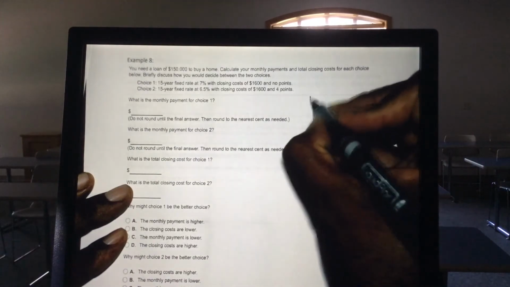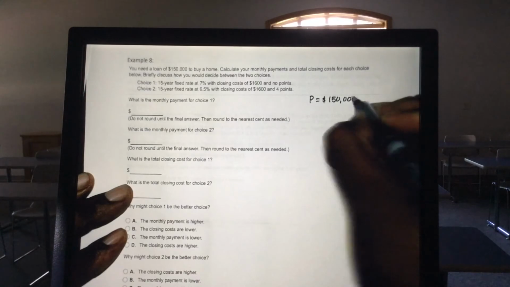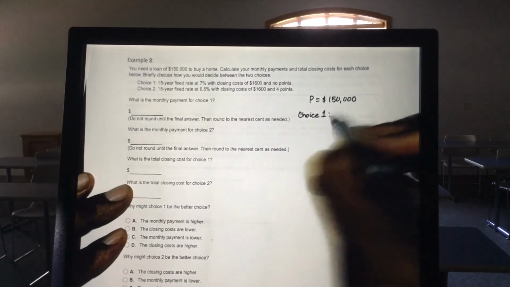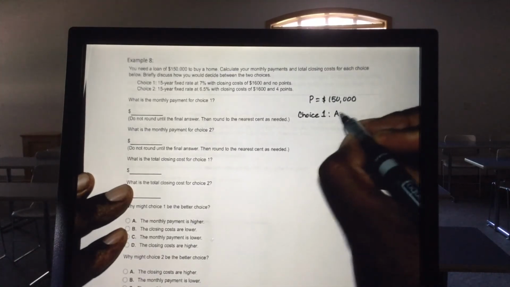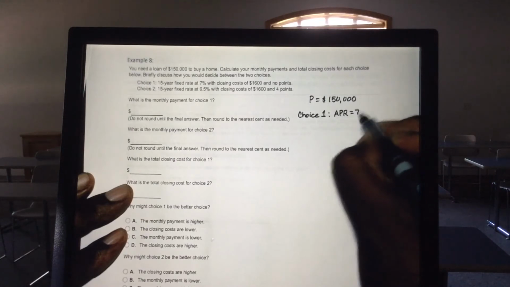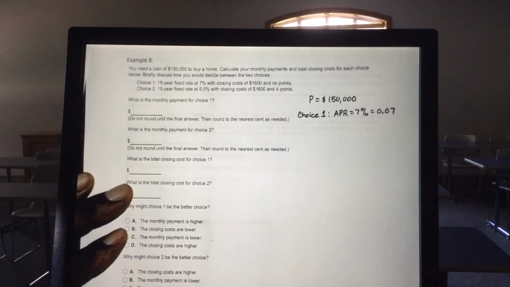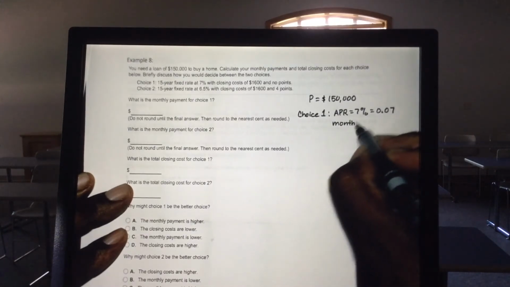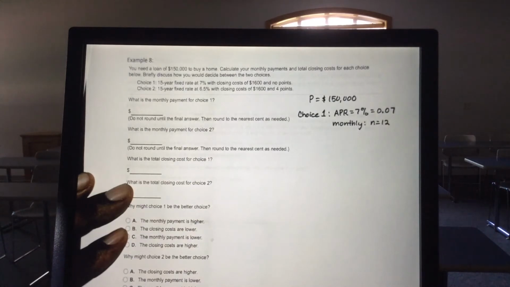So we know our principal is $150,000. Now let's look at choice number 1. In this case here, choice number 1 has an APR of 7%, or 0.07. You're going to be making monthly payments here, so N is equal to 12, because we want to find out what the monthly payments are.